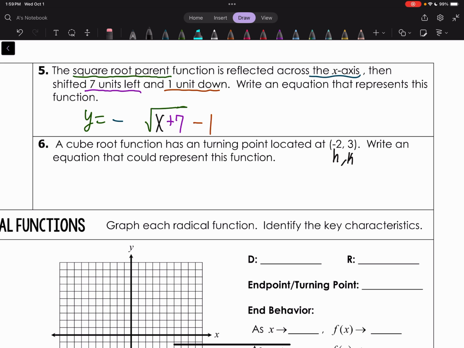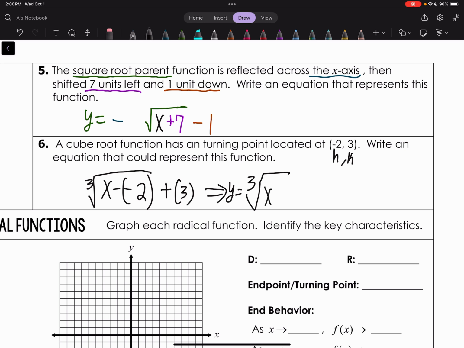If you remember, the top under the radical is x minus h, which means this is x minus negative 2 under the cubic root. The k is on the outside, and it's plus k value 3. From here, I'm just going to distribute that negative. Y equals cubic root of x plus 2, plus 3 on the outside.